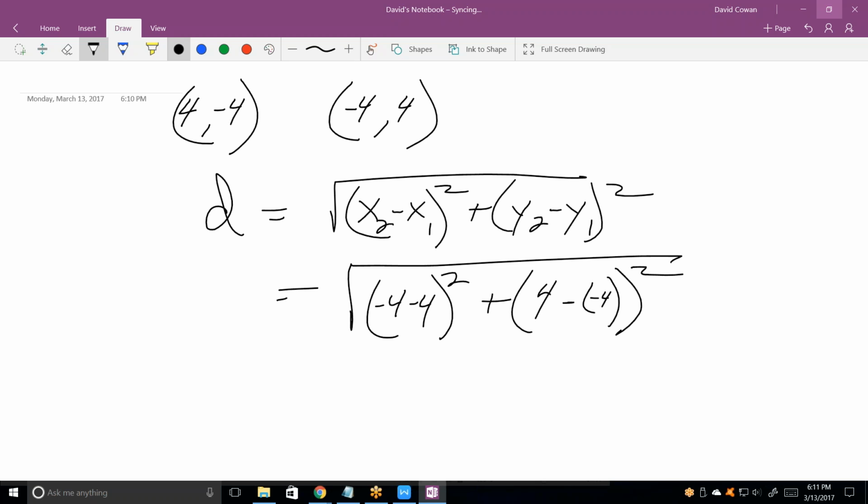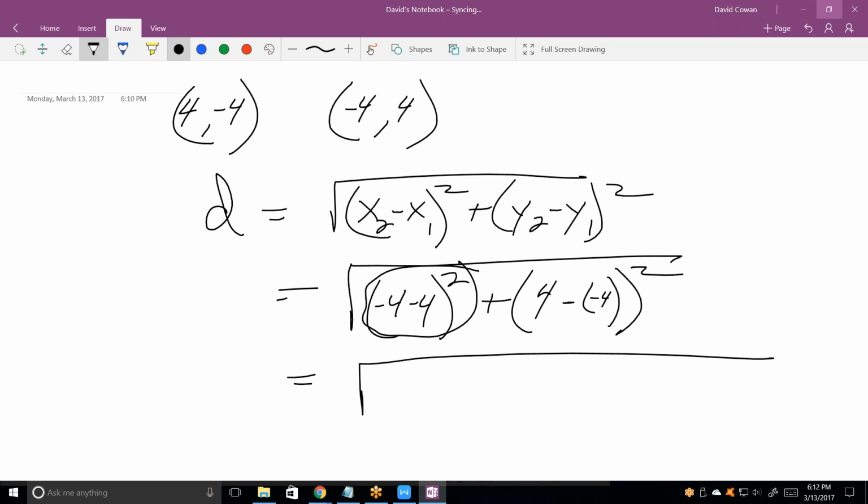Correct. Okay, so this one, what's this quantity? What's minus 4 minus 4? Is that negative 8?